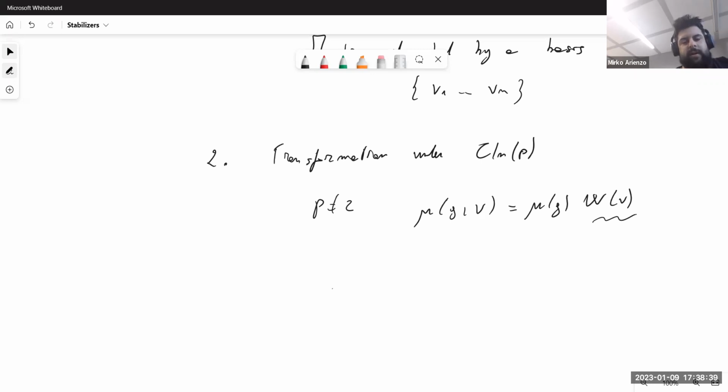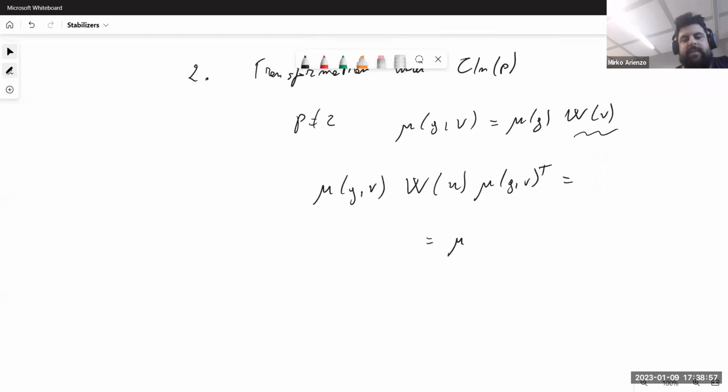So you have that mu of G W of V, W of U, and now mu of G dagger. This is by construction. I write things more explicitly. So this is mu of G W of V, W of U, W of V dagger, mu of G dagger.